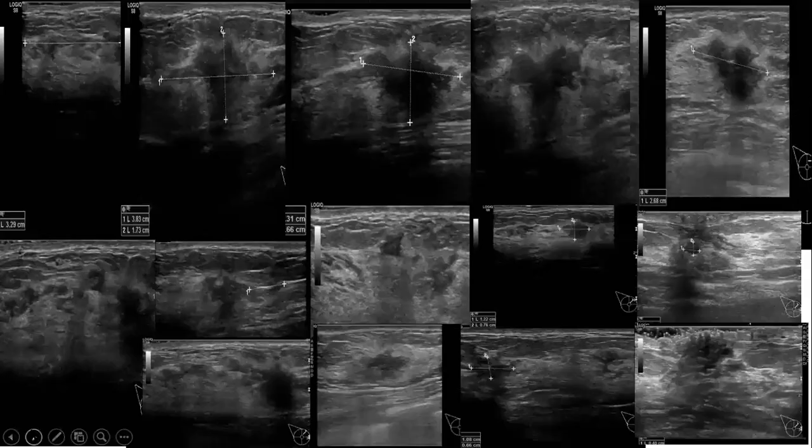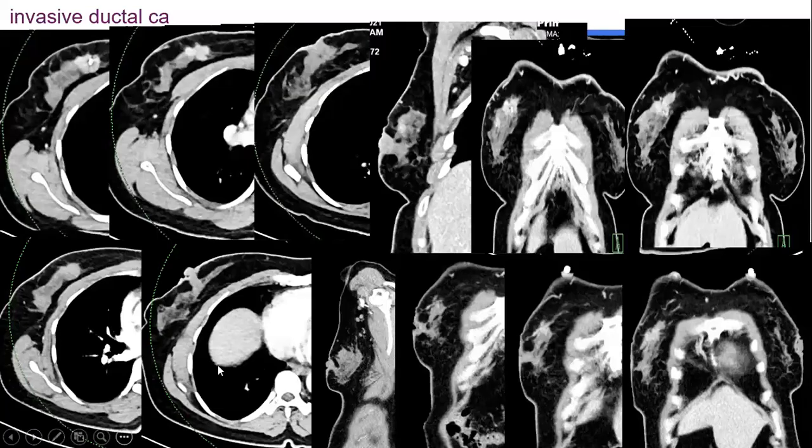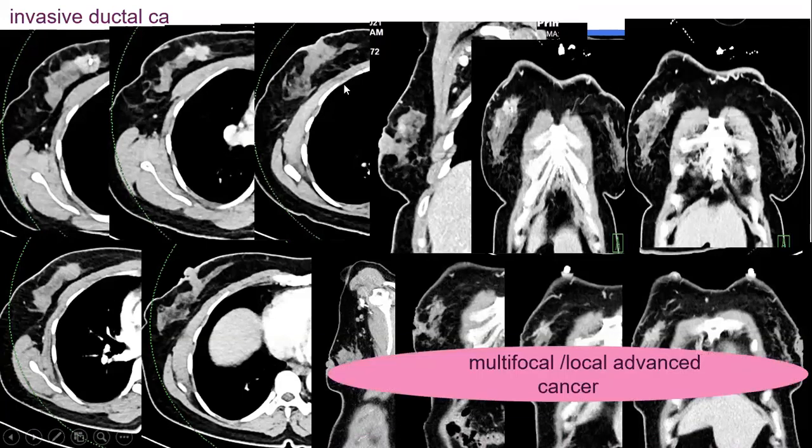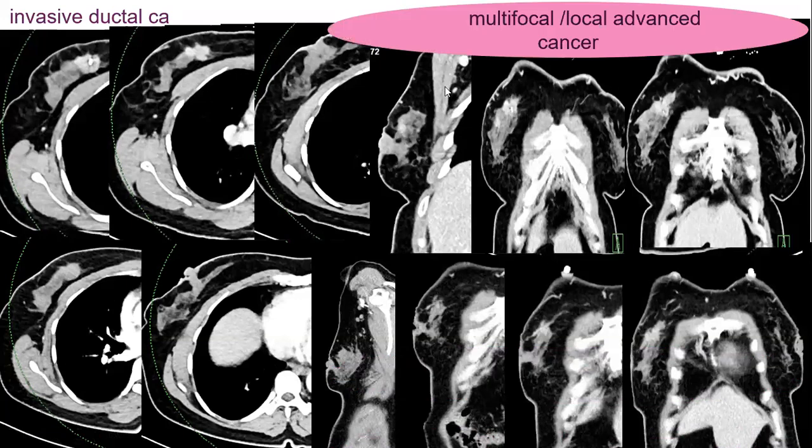And look at the nipple. Here, look at the nipple area. And this is the mass on the axial. Now the mass is definitely getting larger. This is the clip from the biopsy, the post-biopsy clip, and see that the lesion is larger than the previous. And look here at the nipple area.